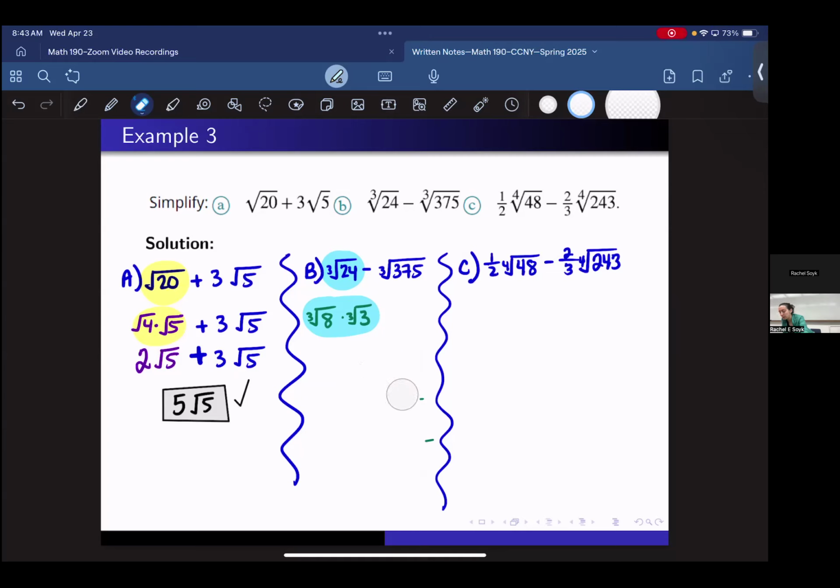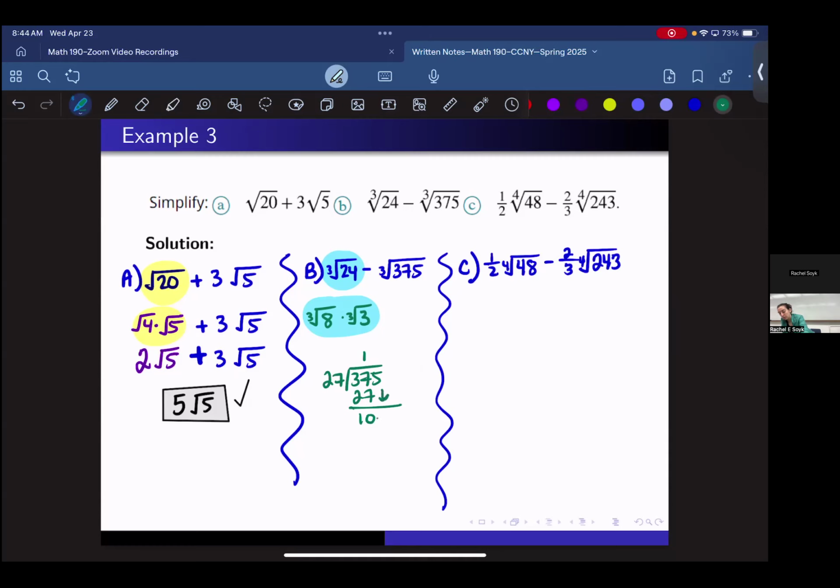Right, let's move up then. 3 to the third. 3 times 3 is 9, times 3 is 27. Does 27 go into 375? I doubt it does. It just doesn't look like it does. 27 goes into 37 one time. Then we have 10.